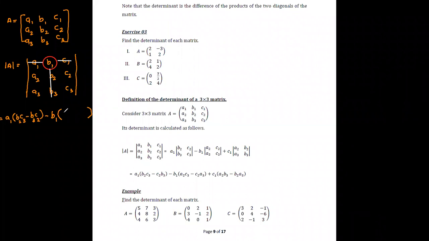Then you will get A2 with C3 minus A3 with C2.